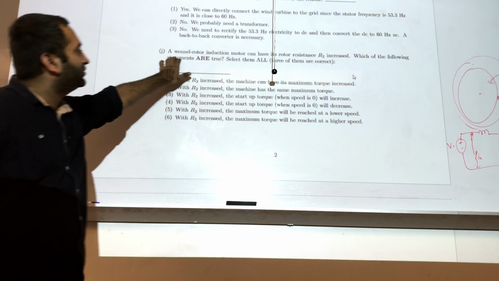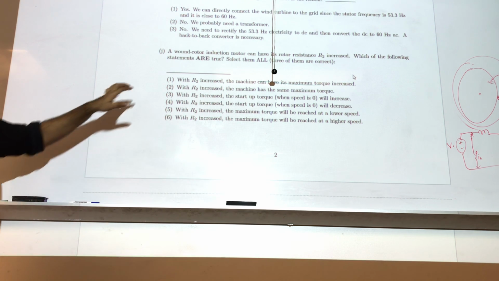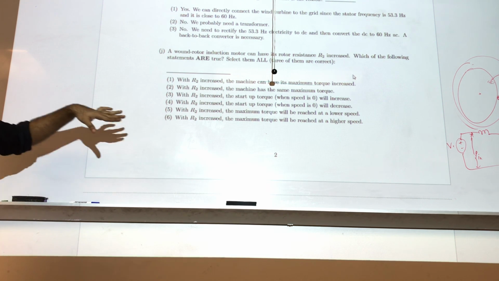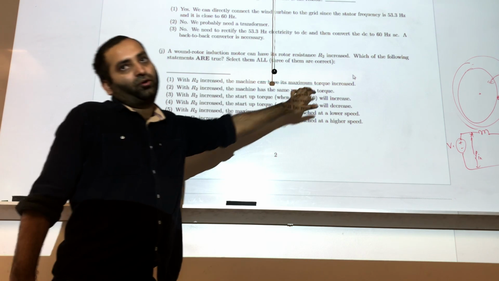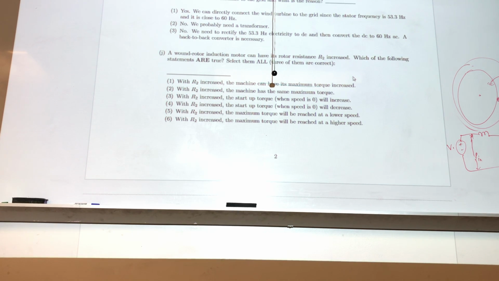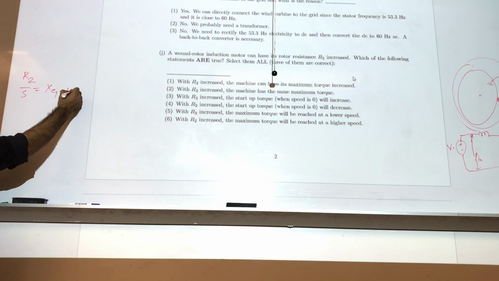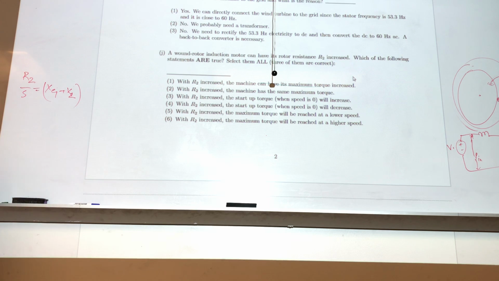So what does it say? The wound rotor induction machine has its rotor resistance R2 increased. Which statement is true? The first statement is about maximum torque. What is the condition for maximum torque? R2 over S equals X equivalent plus X1 plus X2.